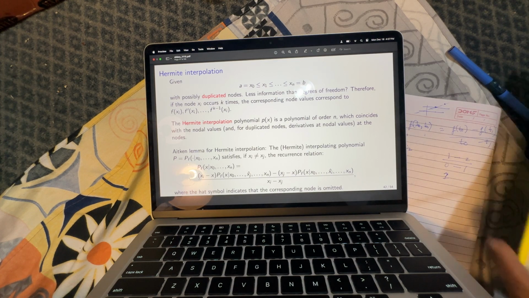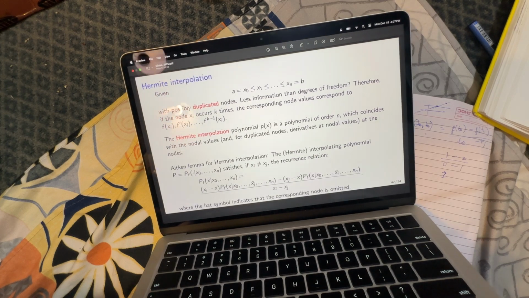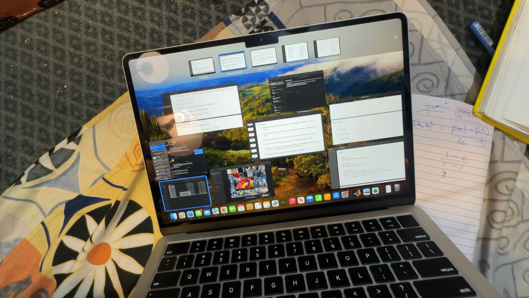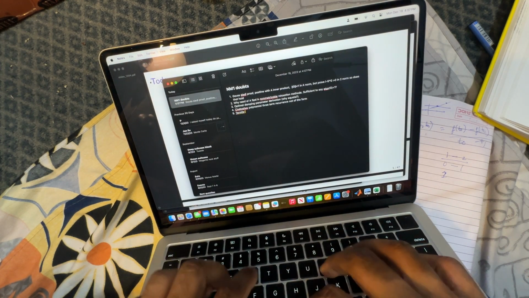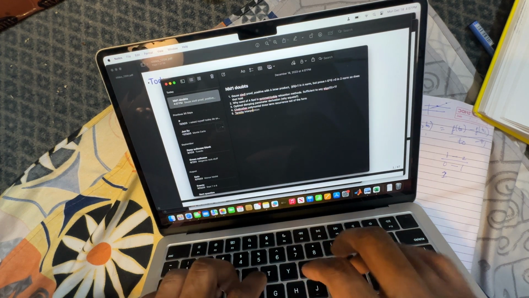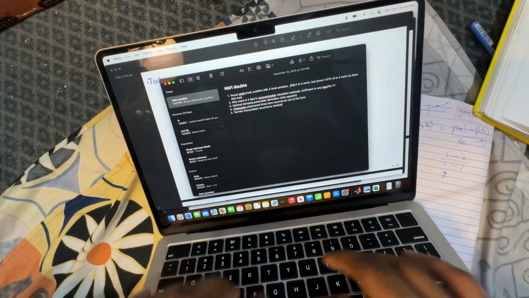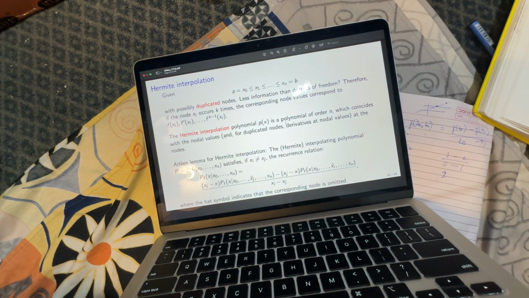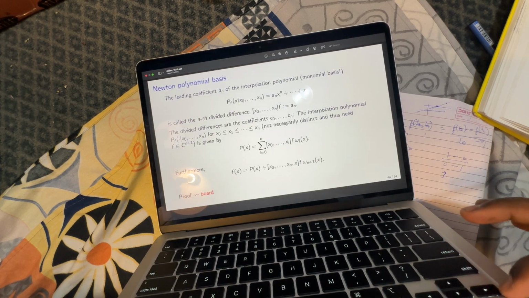Hermite interpolation, recurrence relation notes. This I understand, this I can prove.